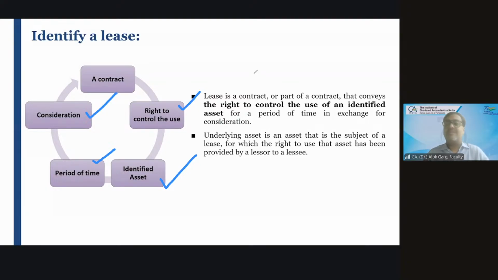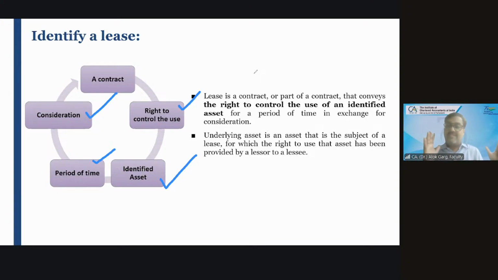These were the 5 boxes from the lessee perspective. All these are also considered from the lessor perspective, plus what? Residual value guarantee provided by third parties. So residual value guarantee given by anyone, any party other than the lessee, right?